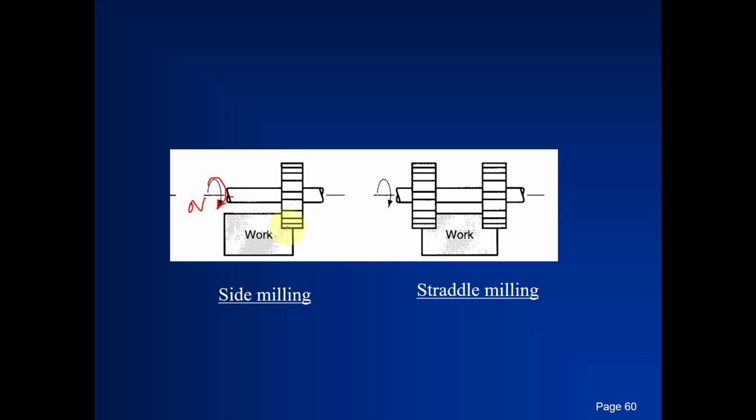After performing the milling operation, your geometry will be like that shown by the red line. Clear? So this is going to remove the material from one side of the workpiece, and also the axis of rotation is parallel to the surface which is being machined. So that type is known as side milling.